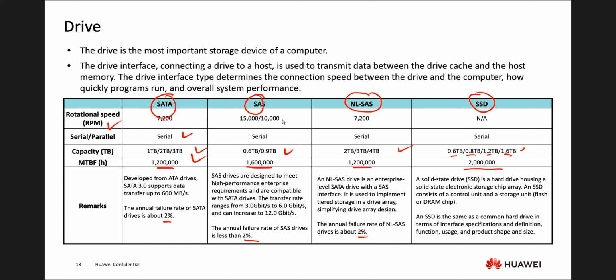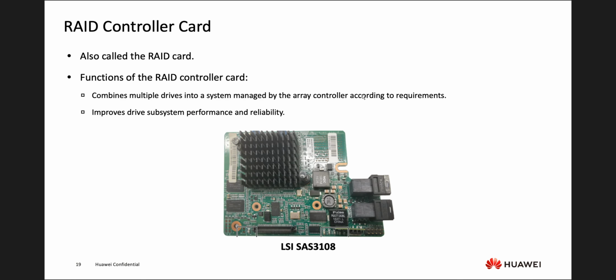Now, we look at SAS here, SAS basically, and nearline SAS. We're going to go next. The next one will tell you basically really why we have the SAS. So this is a RAID controller card, and the RAID controller card goes onto your motherboard. This allows you to have your drives in that base become RAID controlled.